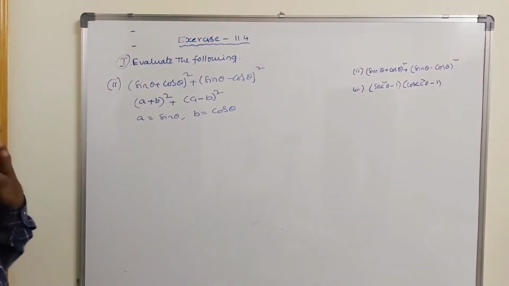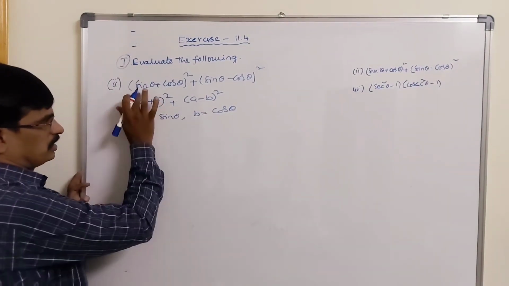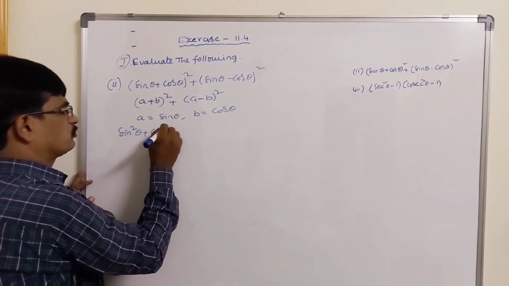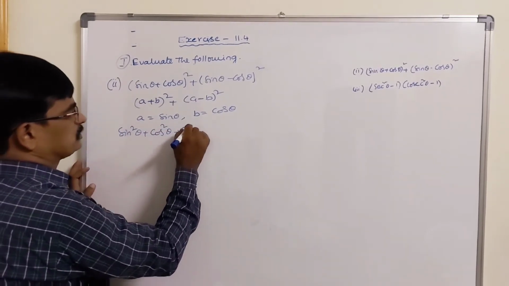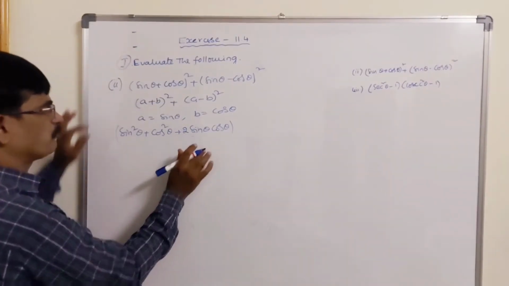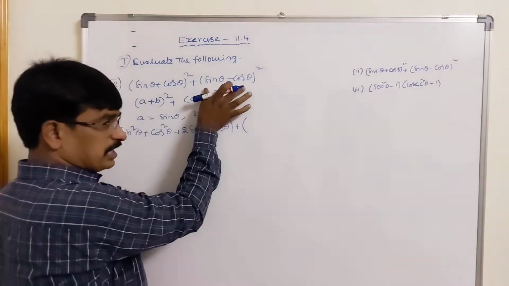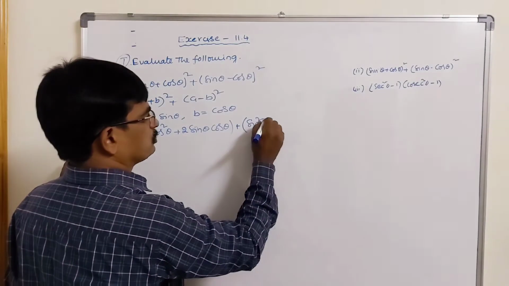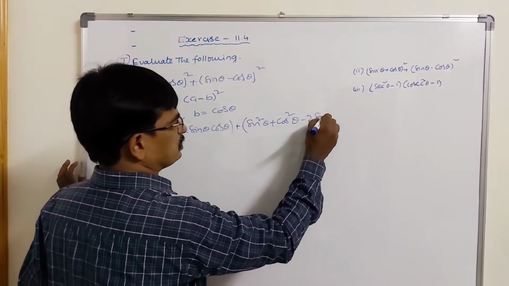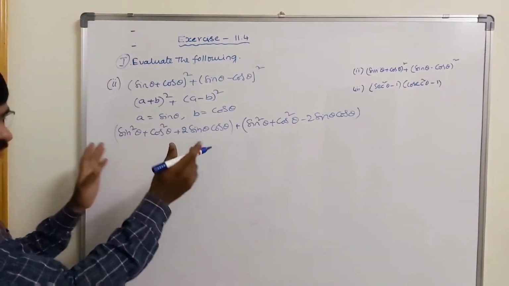First we do it in expanded form. (a plus b) whole square is sin square theta plus cos square theta plus 2 sin theta cos theta. This is the expanded form of (sin theta plus cos theta) whole square. Next, (a minus b) whole square is sin square theta plus cos square theta minus 2 sin theta cos theta. Now remove the brackets.